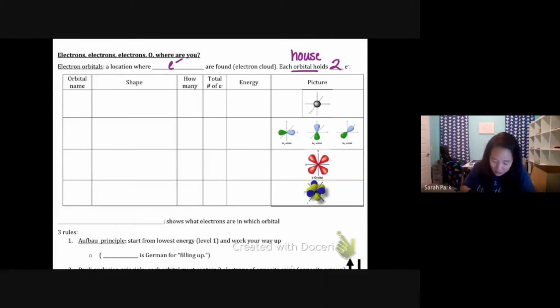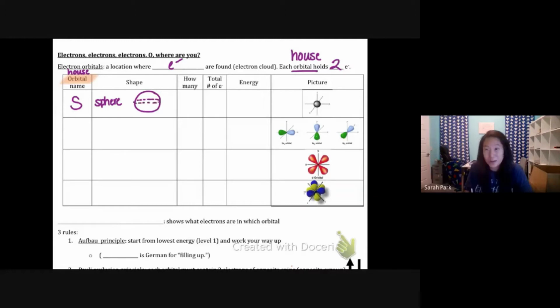Electrons can live in an s orbital. Remember, when we hear the word orbital, you're going to think of the word house, the type of house. The s orbital looks like a sphere shape, so you have to think of a circle here.